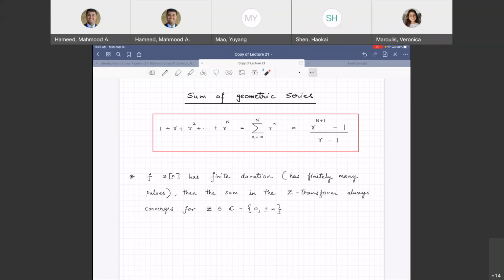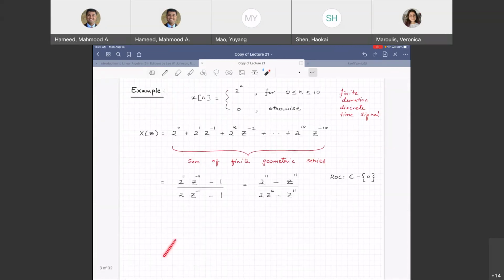In a compact manner, you can write that summation as sum from 0 to capital N of r to the n. This is a finite geometric series, right? So a finite number of elements here. So the formula is r raised to n plus 1 minus 1, divided by r minus 1. This is exactly what we used to write the result over here.